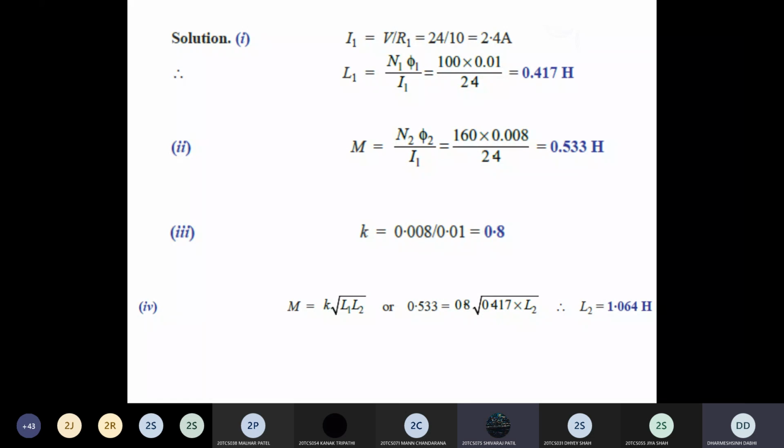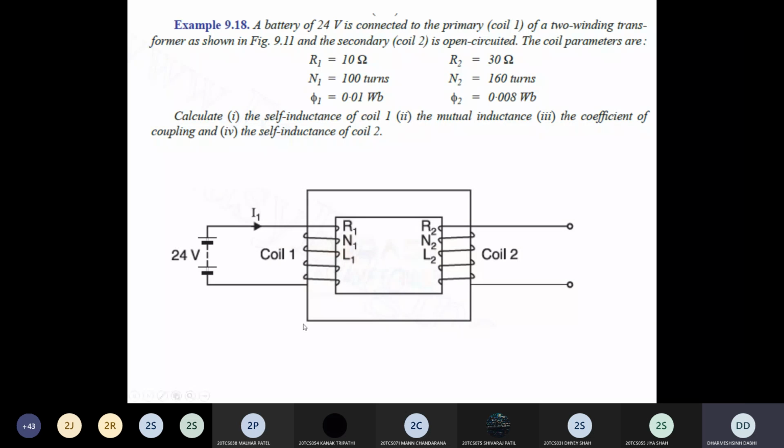All the four answers? Sir, could you explain the third one again? Yes, sir. Okay. See, K is equal to what? Coupling between coil number 1 and 2. So that coupling you can find out by how much flux of coil 1 is linked with coil number 2 if current is flowing into coil number 1.